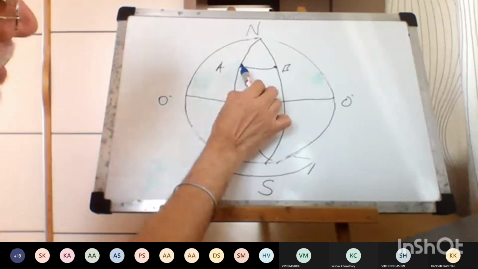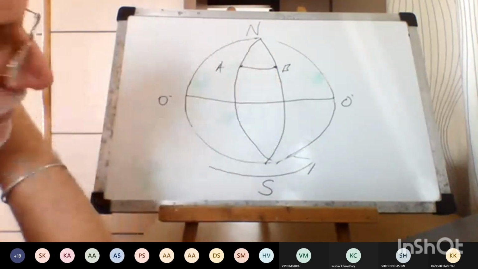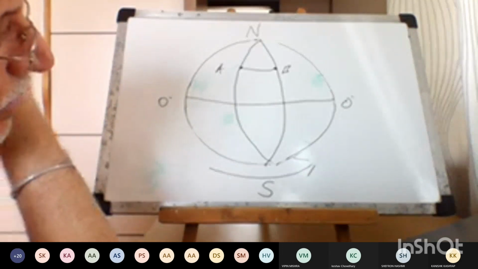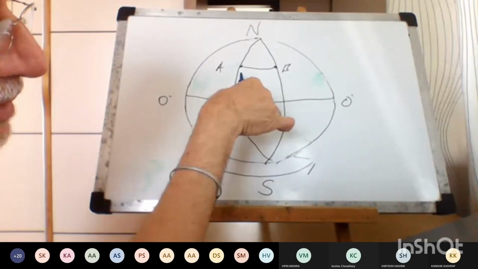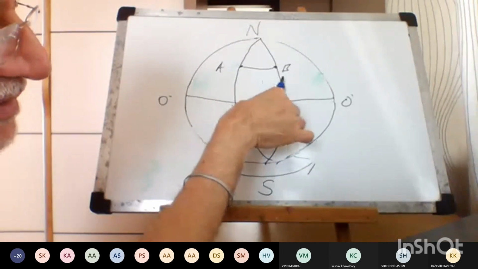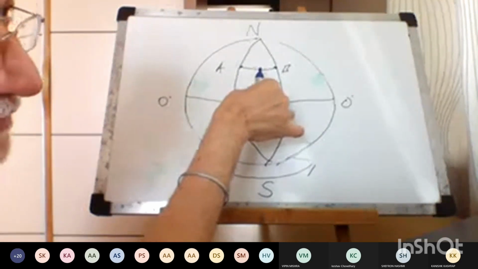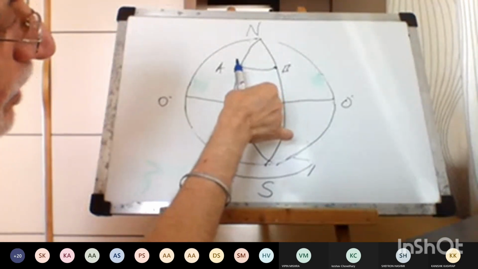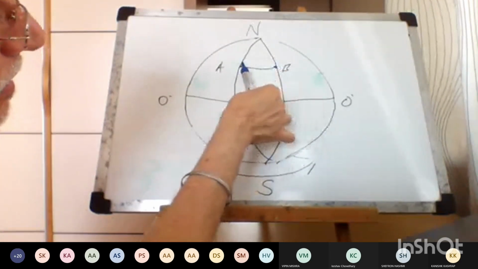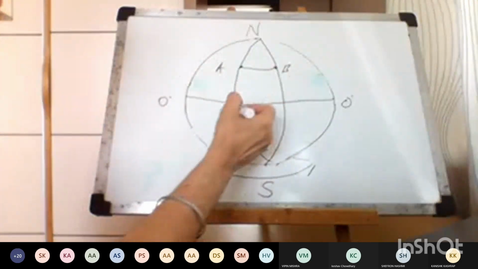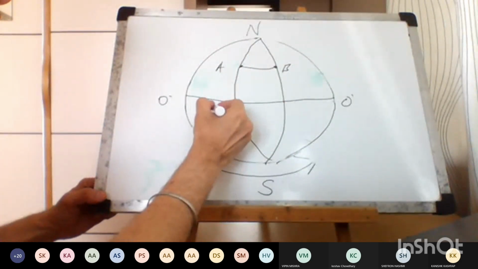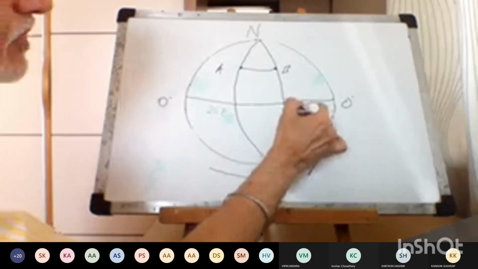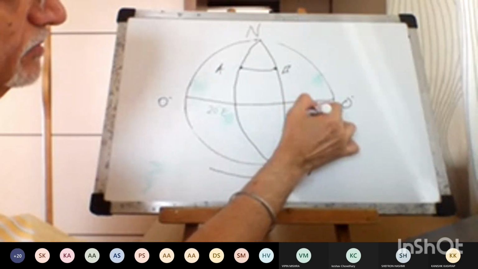If someone is going from point A to point B, he is also covering some distance. The distance is AB. He is going from a longitude, let's say, 20 east to 40 east.